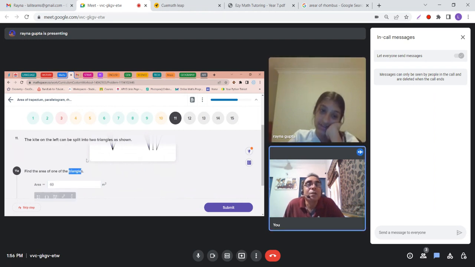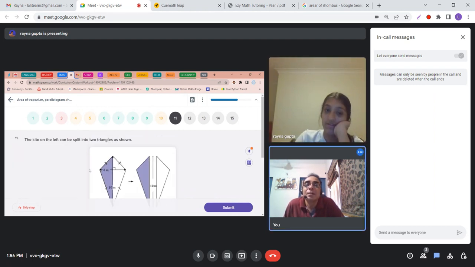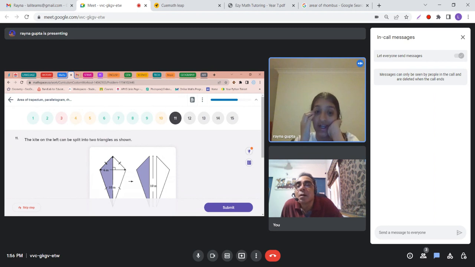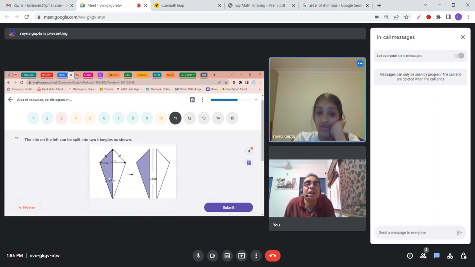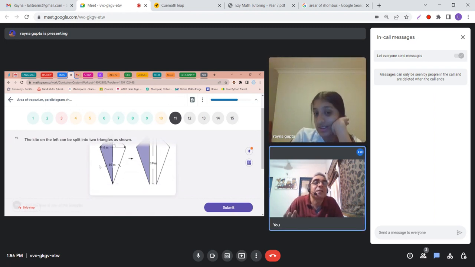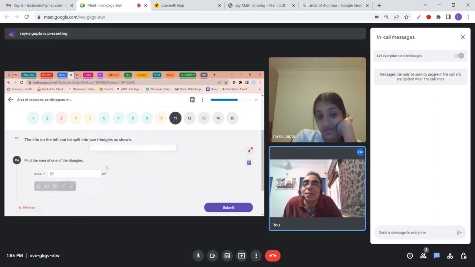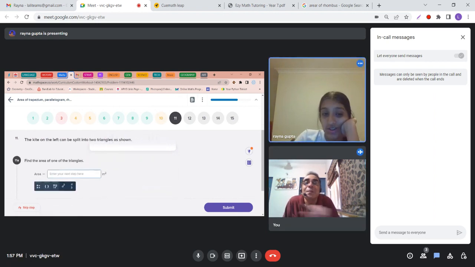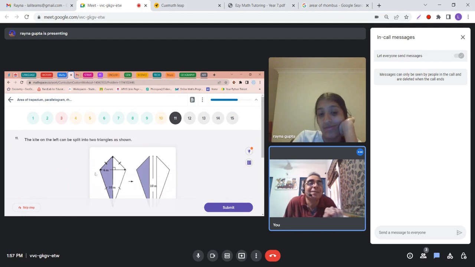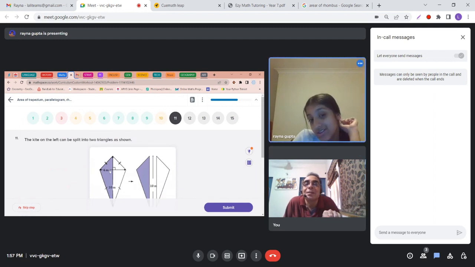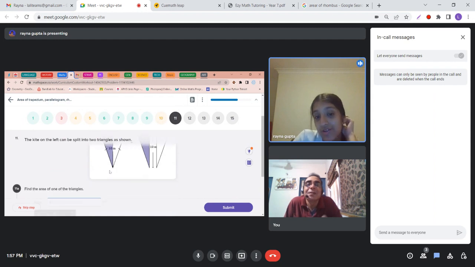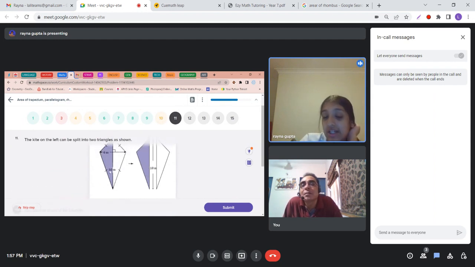So what is the height going to be? 10. The height of a triangle is one of the diagonals of the kite. One way it is 6, one way it is 10. That is correct. What about the other side? 6 is complete, so the height will be half for the half triangle. So 0.5 times 6 times 10.